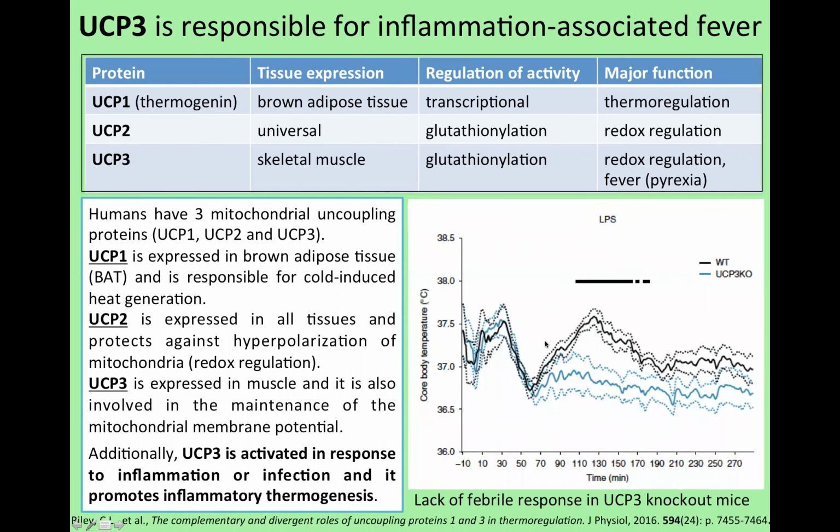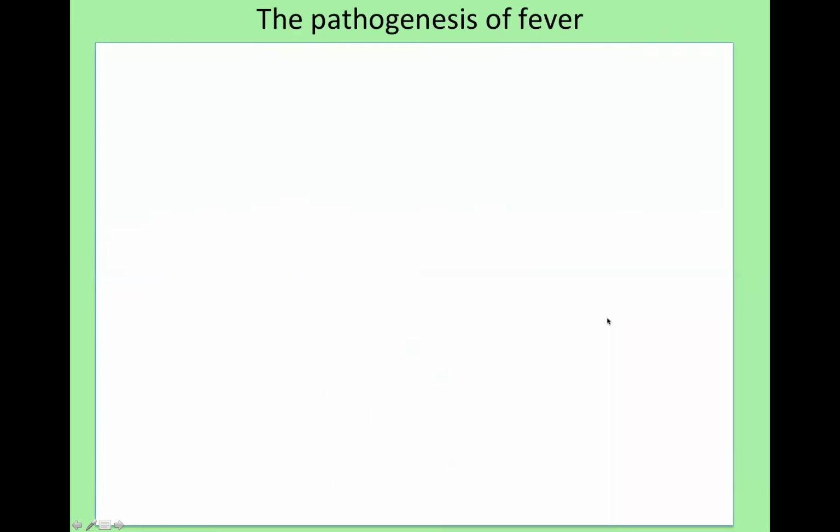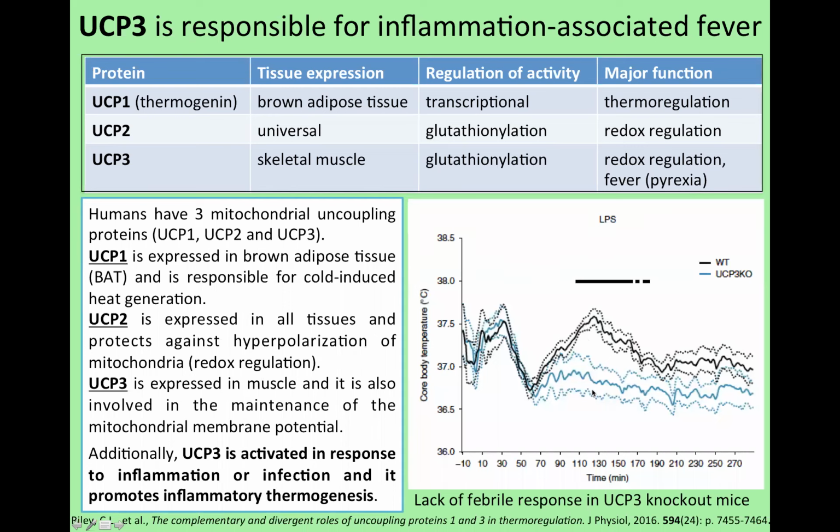Fever production is not produced in mice which do not have the UCP3. In UCP3 knockout mice, in response to LPS, you don't see the elevation of heat because this is responsible for the heat dissipation.